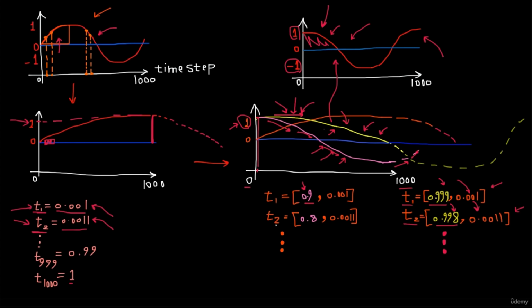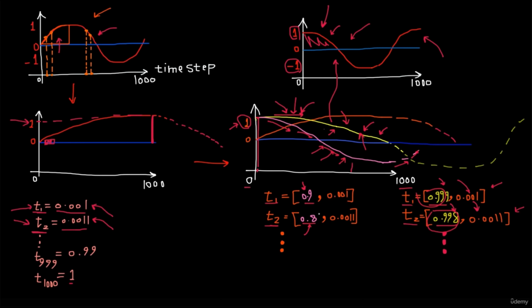So now let's check the value of time step 2, and it will be equal to 0.8. You can see the difference between the value of time step 1 and time step 2. It is greater than the difference in the previous case, because we increased the frequency of this wave.